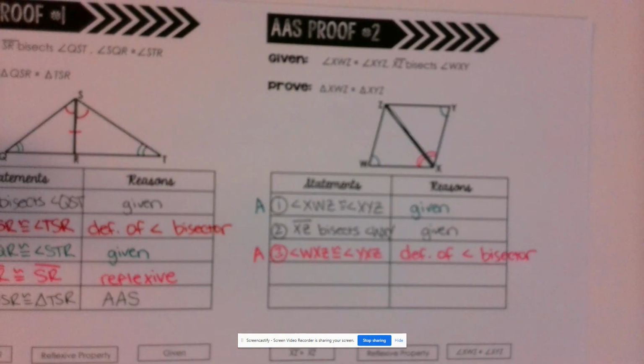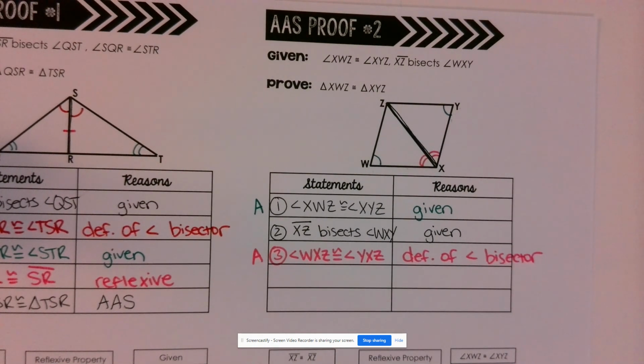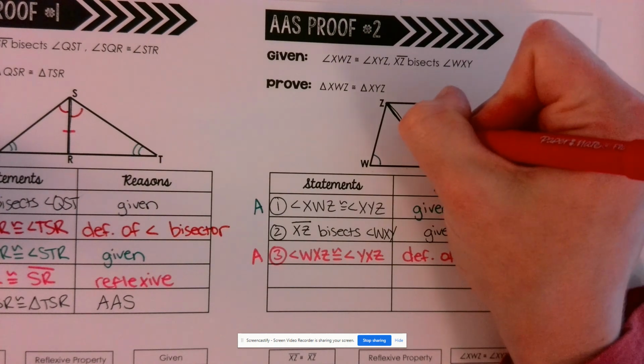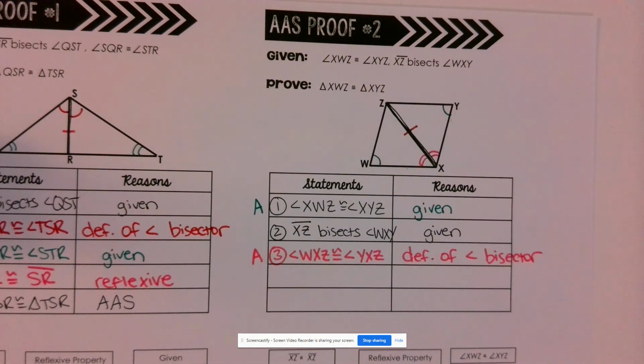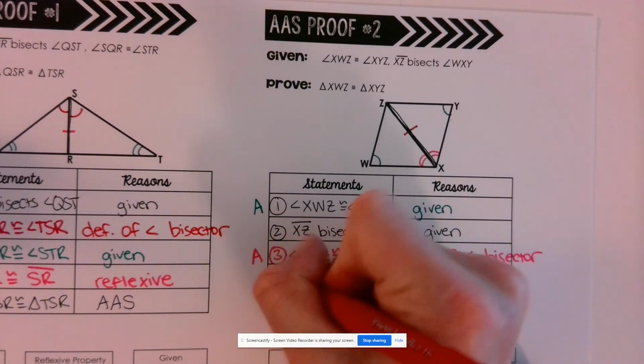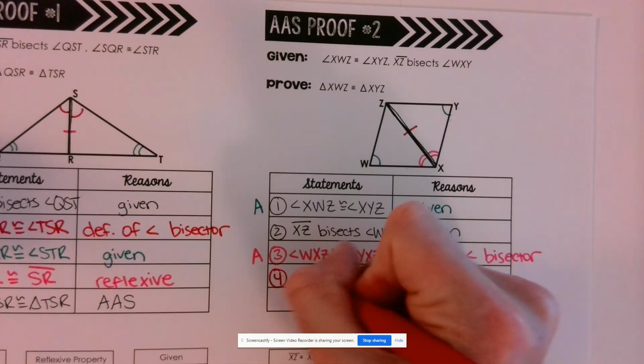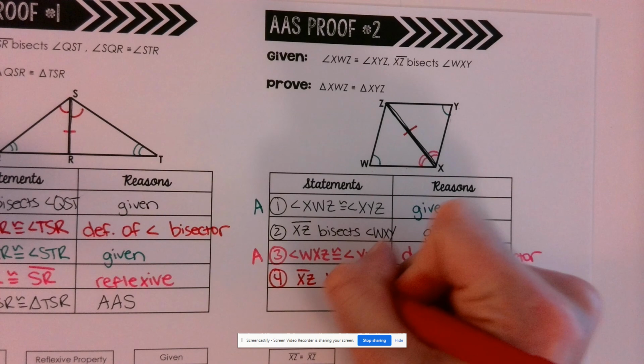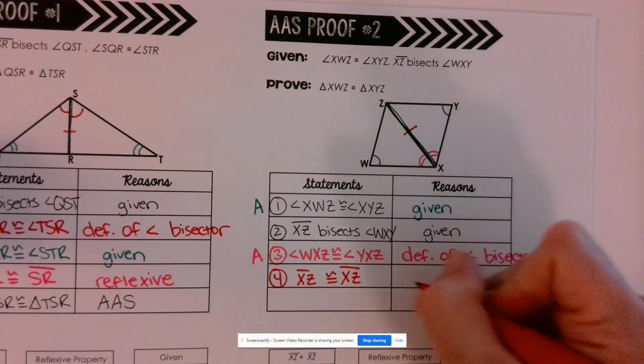We're looking for that third congruent part. You're probably noticing it before I even say it. They share a side. They share line segment XZ. And so line segment XZ has to be congruent to itself by the reflexive property.